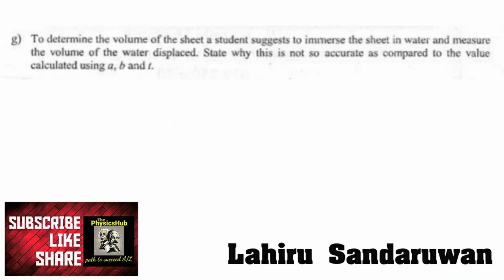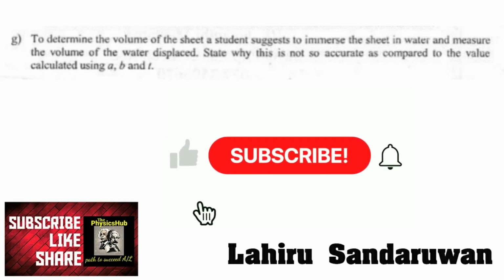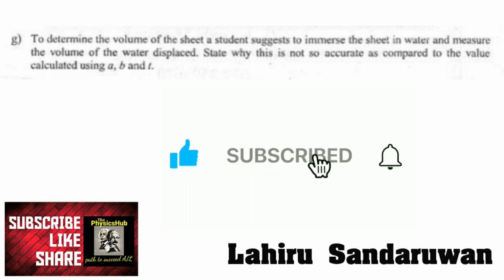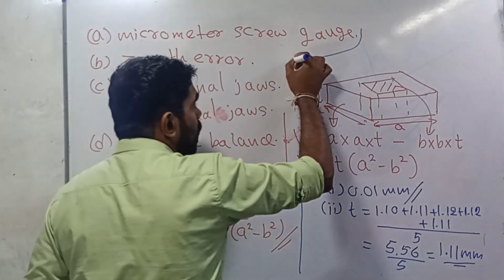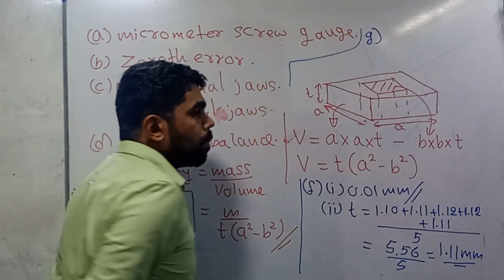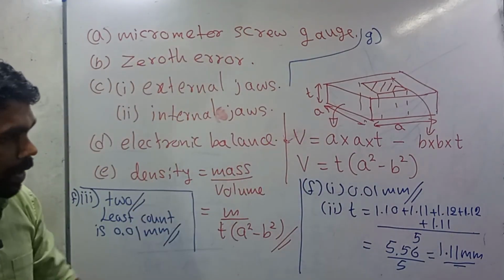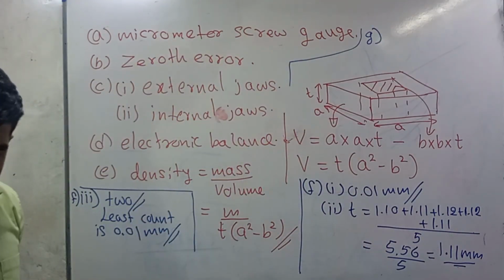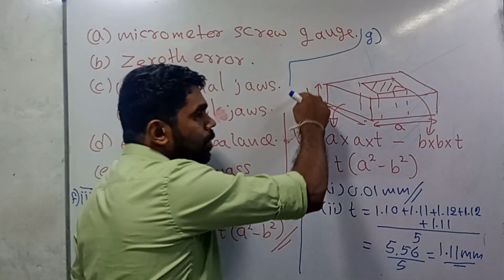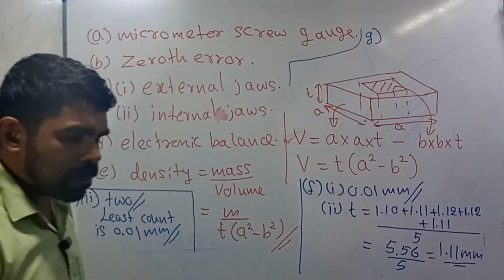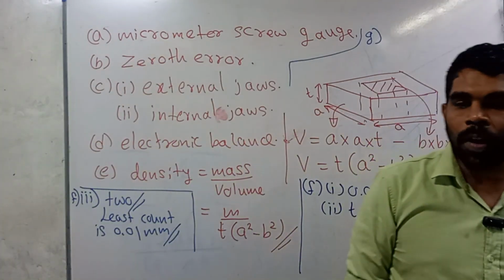Then part G. To determine the volume of the sheet, a student suggests to immerse the sheet in water and measure the volume of water displaced. State why this is not so accurate as compared to the value calculated using A, B and T. The given method in part G is accurate, but there is a problem related to this experiment. Because A, B, T values are small, the displaced water volume is a small value.